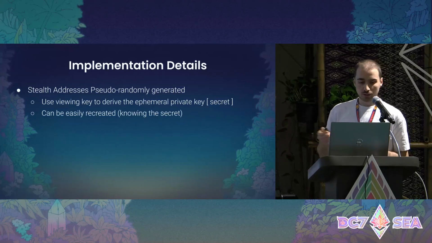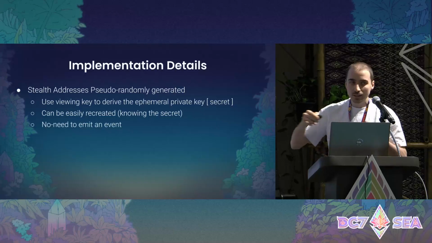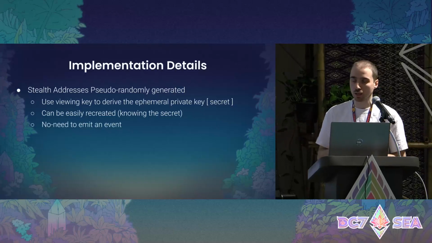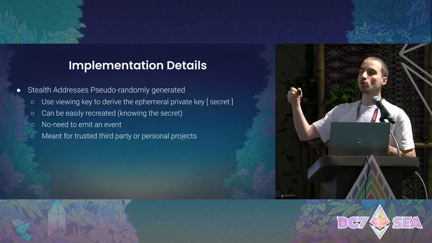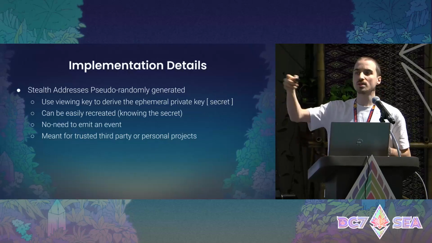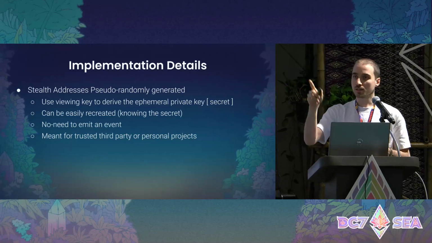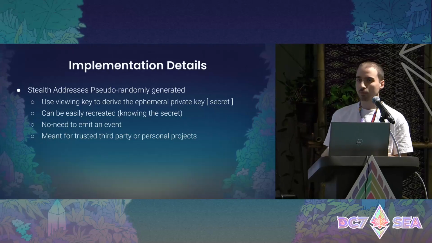As I mentioned, these addresses can be easily recreated in the future. We don't need to emit an on-chain event because everything will be run locally. And this is meant for a trusted third party or a personal project. Think about it, with this example, you want someone to set up Safes on your behalf, Safes that only you can control, but you don't want to be there every time to tell them, this is my address, this is my address.